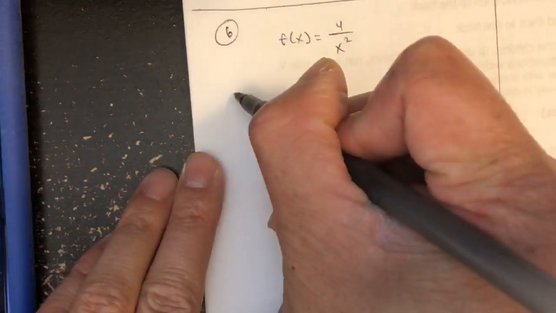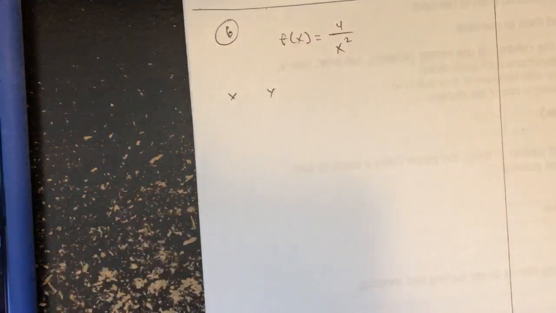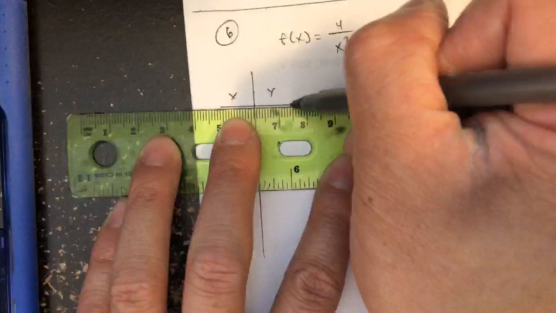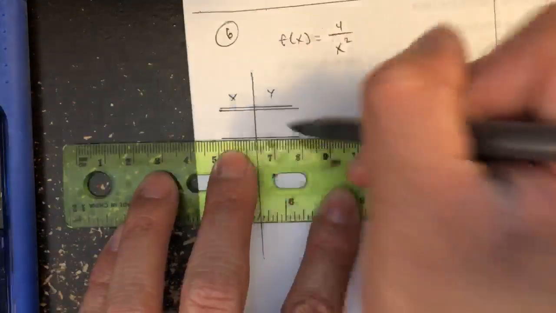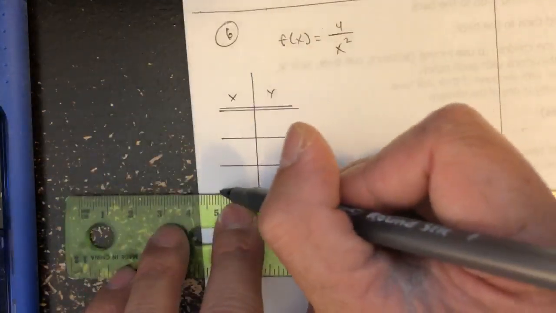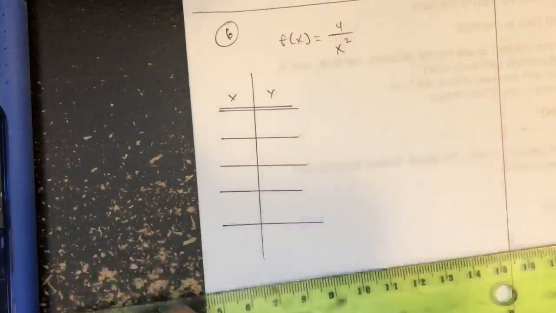So let's make a table of values, x, y. One, two, three, four, 5.